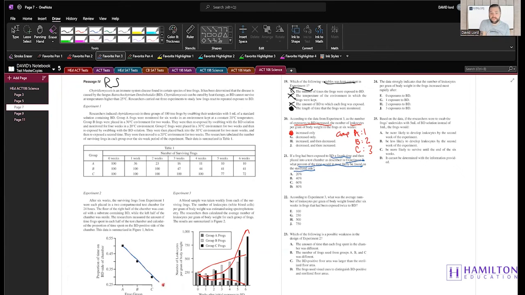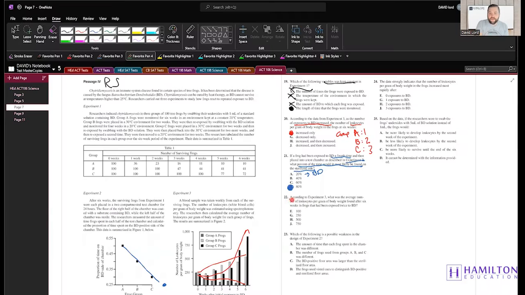So I would imagine that D would be somewhere along here, which is probably below 20% or 25% on the BD side. However, it didn't ask for the BD side, so 20% is probably the BD answer. We're looking for the sterilized side, which would be the other side of the dish. So 100% minus 20% would give us 80%, which is why the answer was D instead of A.